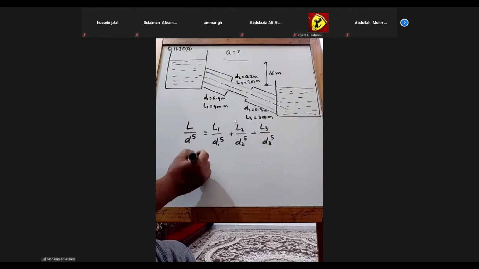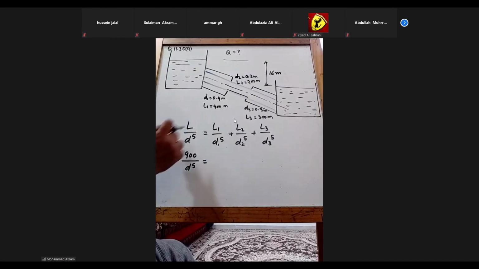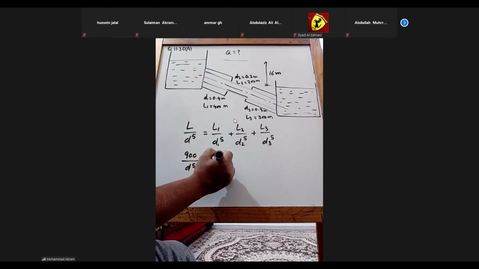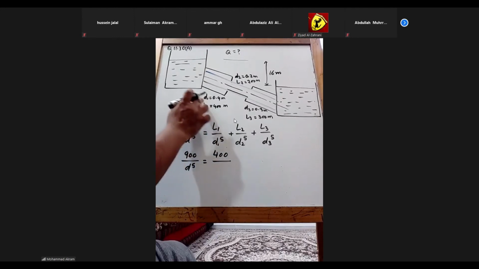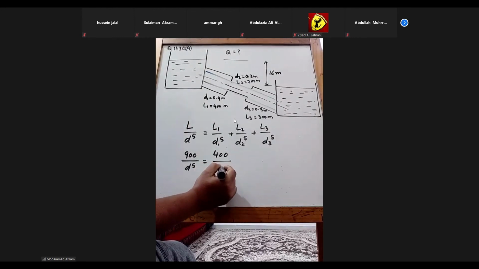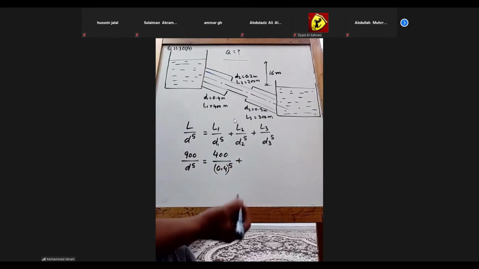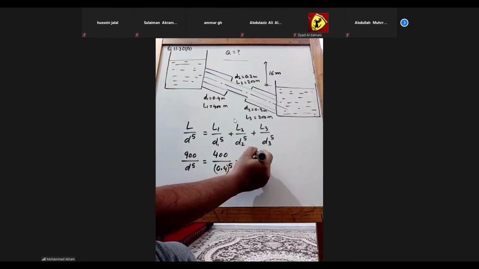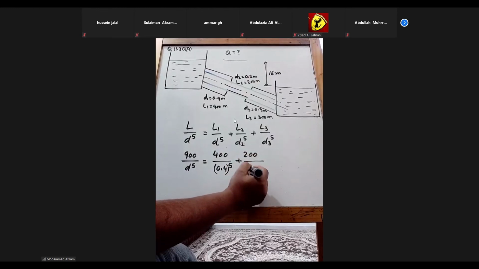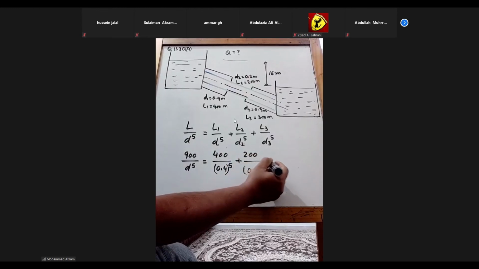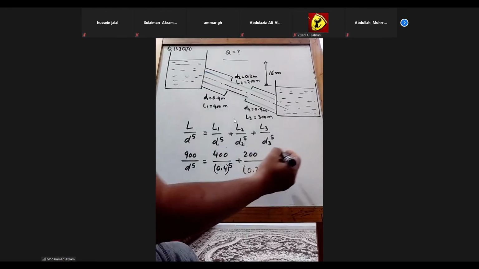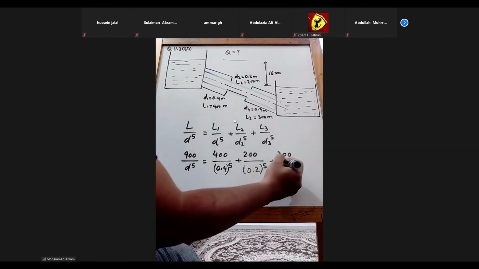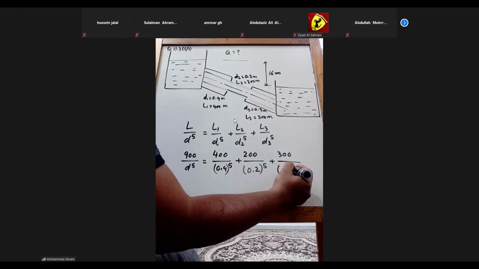So 900 over D to the power 5 equals 400 over 0.4 to the power 5, plus 200 over 0.2 to the power 5, plus 300 over 0.3 to the power 5.